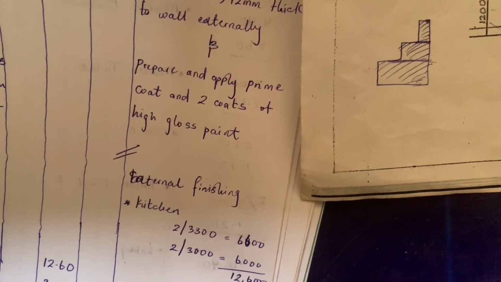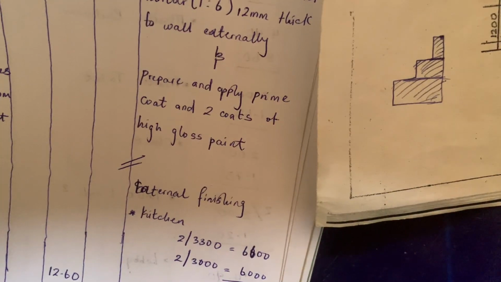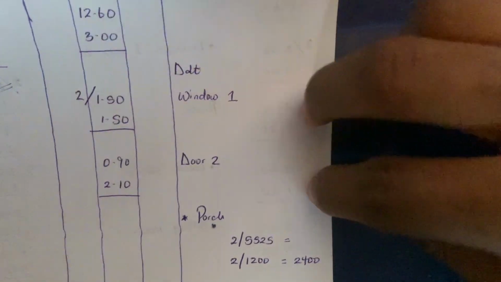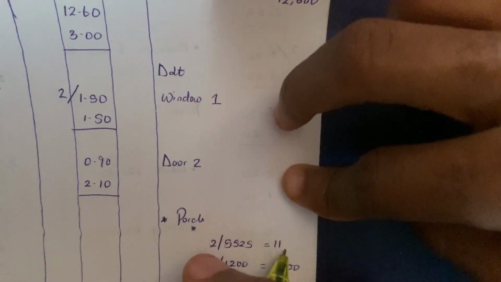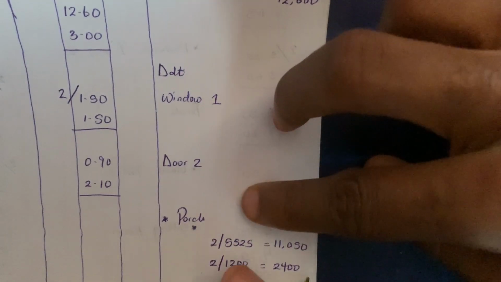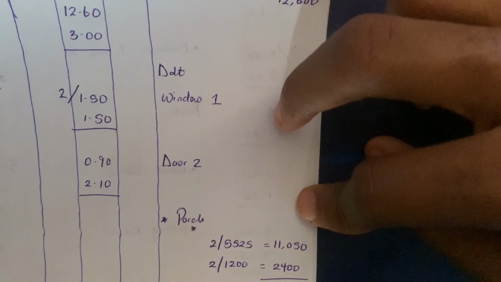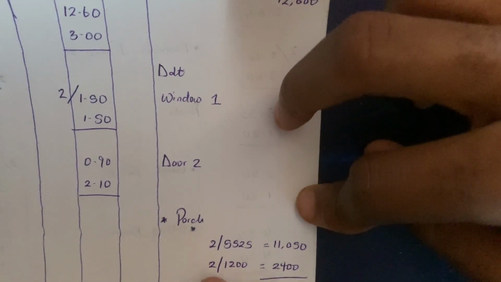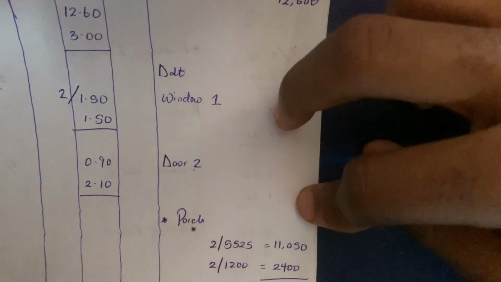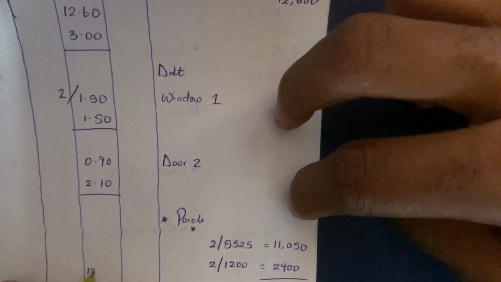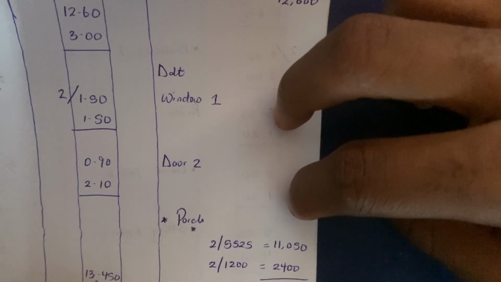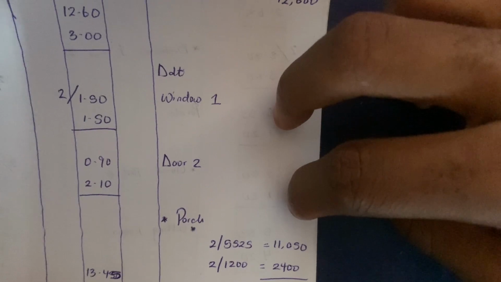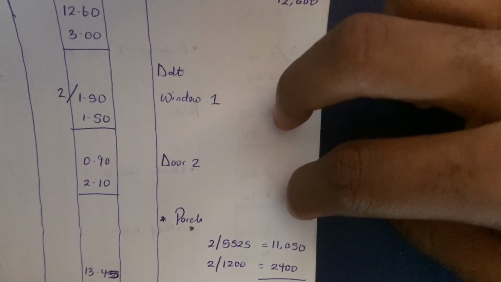This will give me 2,400, and this will give me 11,050. When you add them together, it will give me 13,450. So we'll book 13.450. That's 13.45 by 3.00, and then we close.